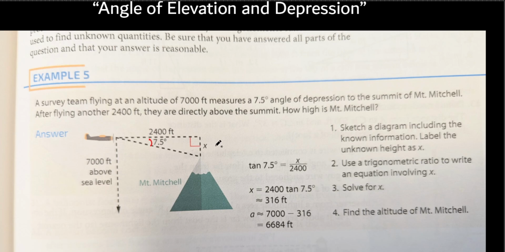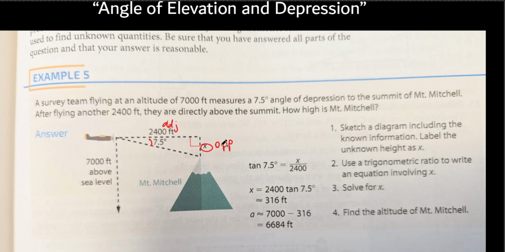Now, according to our trig ratios, what is the x and what is the 2,400? The x is what to this angle? Is it opposite? Is it hypotenuse? Is it adjacent? Which one is it? It's opposite. Very good. So it's opposite this angle. What is the 2,400? It's adjacent. So you've got opposite and you have adjacent.